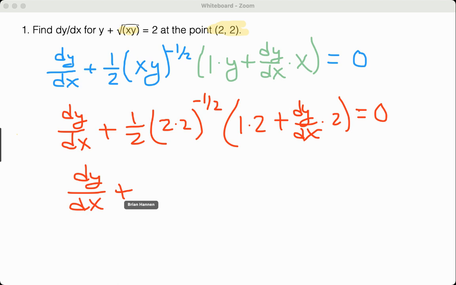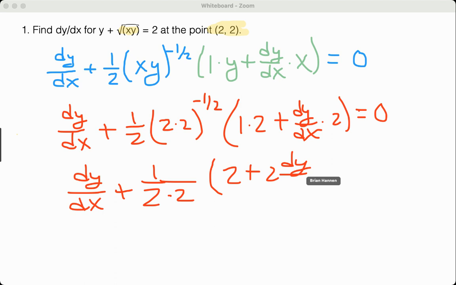This is nothing more than the square root of 4 down in the denominator, and then it's times 2 plus 2 of the derivative. You know what? It's still a little messy, but it sure beats having to do this without the numbers plugged in already.